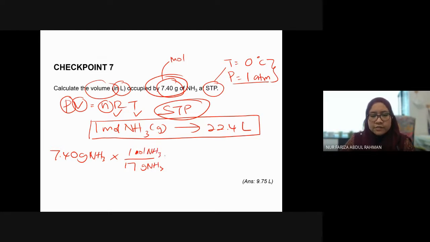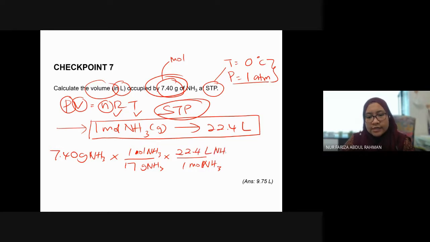So we convert to mole first, and then use this relationship as our conversion factor, because we want the volume. 1 mole of NH3 is equal to 22.4 liter.